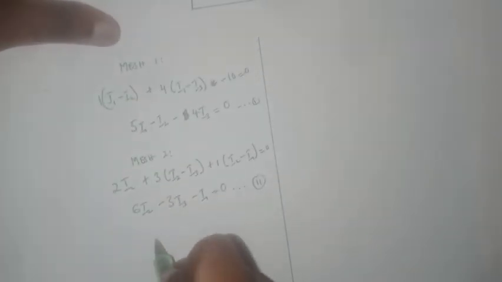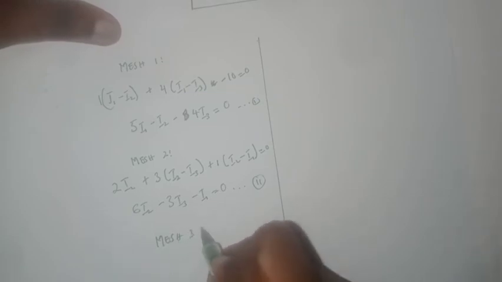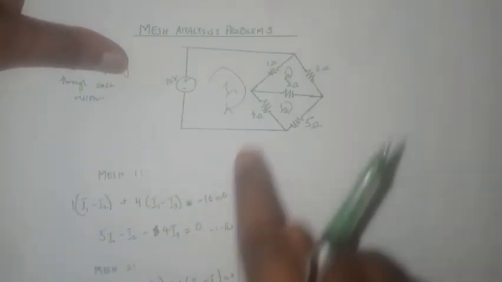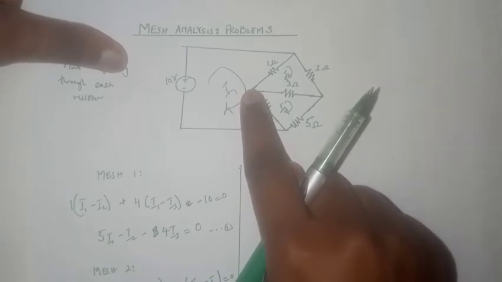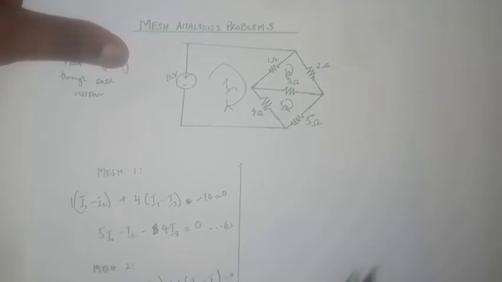And then at mesh 3, we start here and we have I3 and I2.